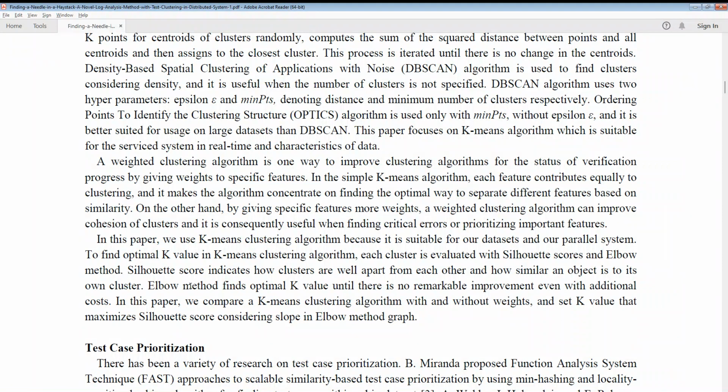The elbow method finds the optimal K-value until there is no remarkable improvement even with additional cost. In this paper, we compare a K-means clustering algorithm with and without weights and set the K-value that maximizes the silhouette score, considering the slope in the elbow method graph.